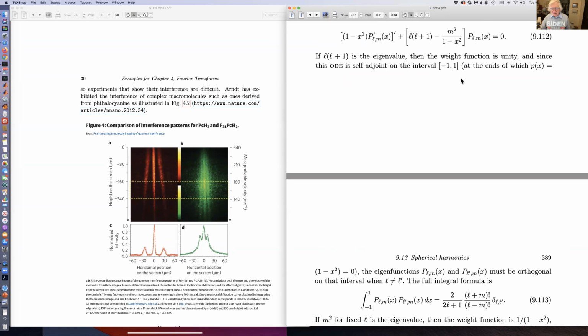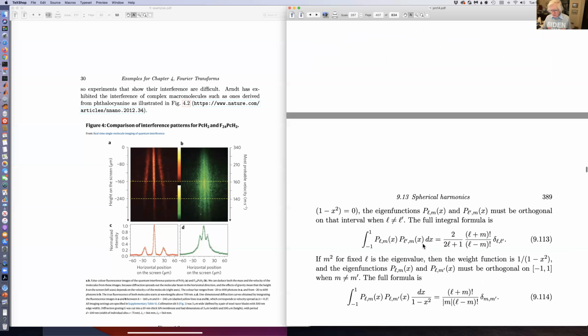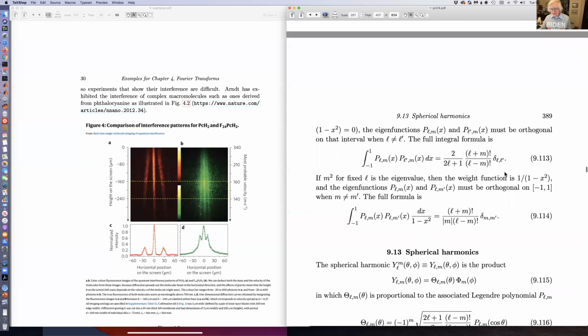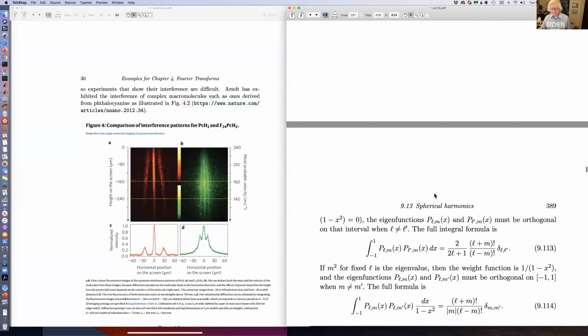At the ends of it, p(x), which is this thing, 1 minus x squared, vanishes. So the eigenfunctions must be orthogonal on the interval. And the full integral formula turns out to be this. And the weight function you see is unity. And the orthogonality is in the eigenvalues, L and L prime, where m is constant. m is the same.